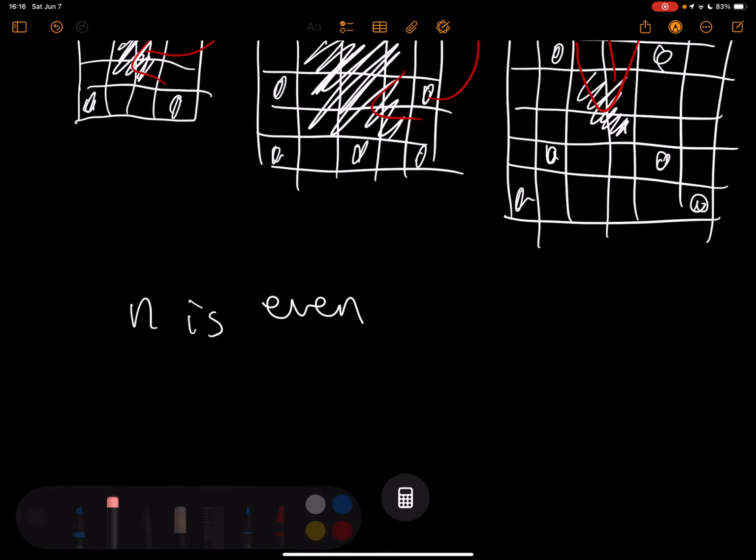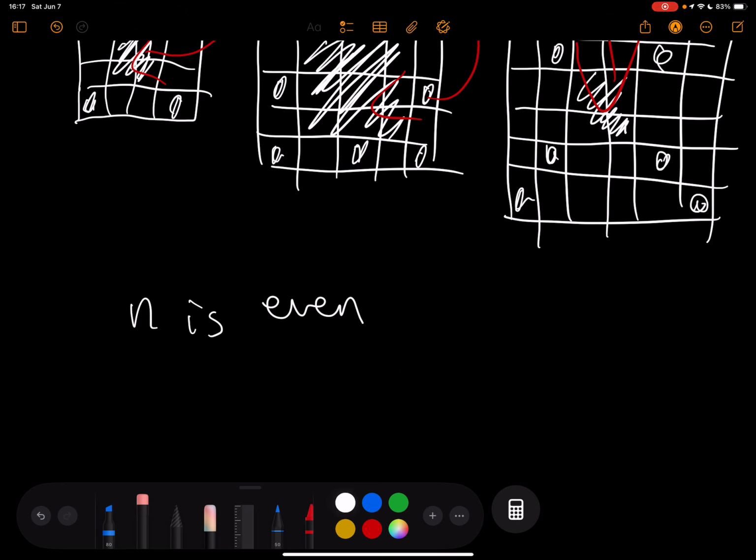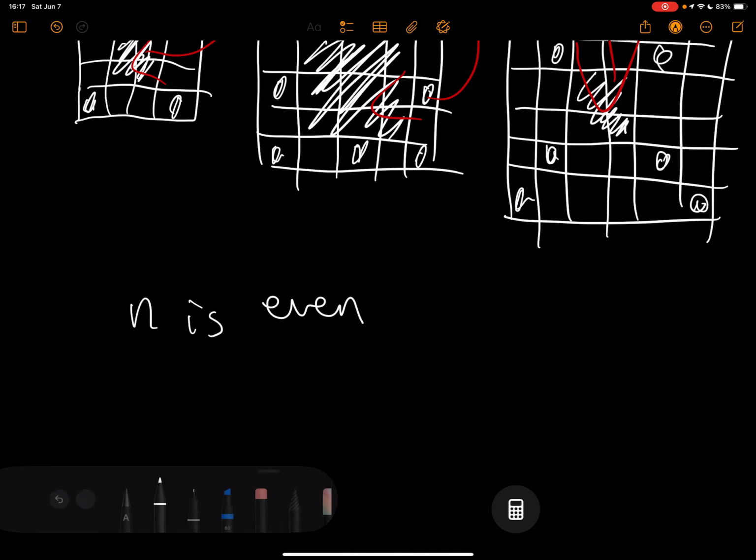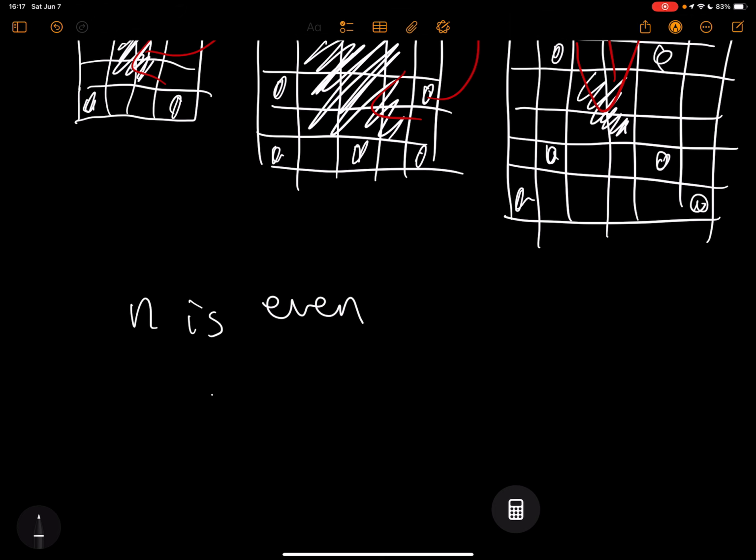When n is even, we find that the central bit of the square is 2 squared, which is 4. And then you add on n minus 2 over 2.